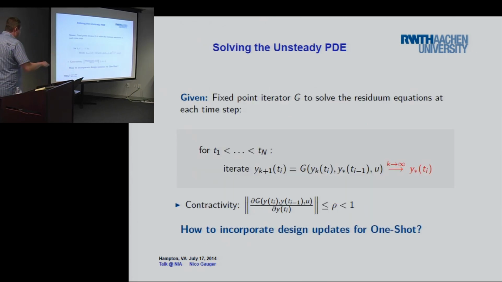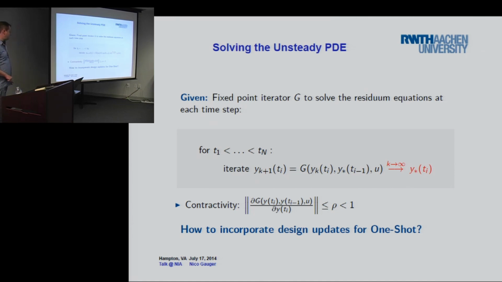Alongside, for each physical time step, we have an iterator G, which makes use of previous time step solutions until convergence. And it shall be contractive in each physical time step, otherwise it wouldn't converge, and that is assured by contractivity of these terms here.